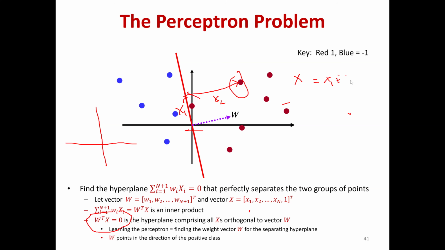So when I compute W transpose X, it is going to be 0 for x1. For x2, it's simply going to be the length of this vector times norm W squared, correct? Because x2 is some positive constant times W, because it's in the same direction as W. Is this making sense?